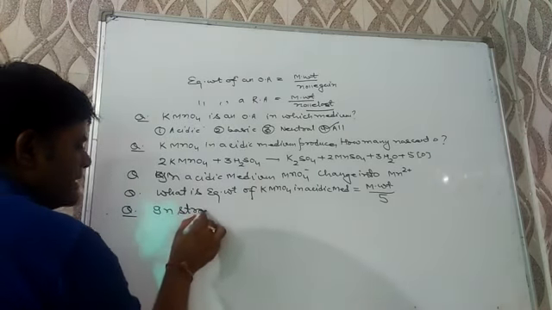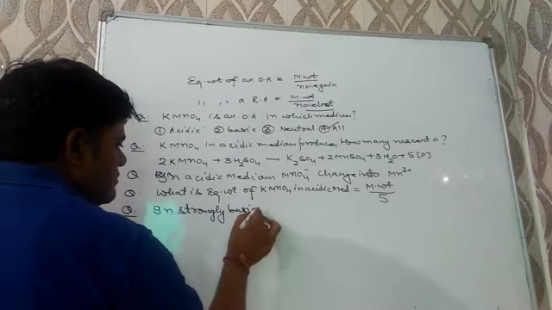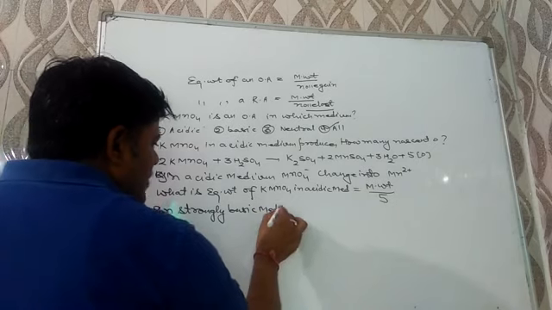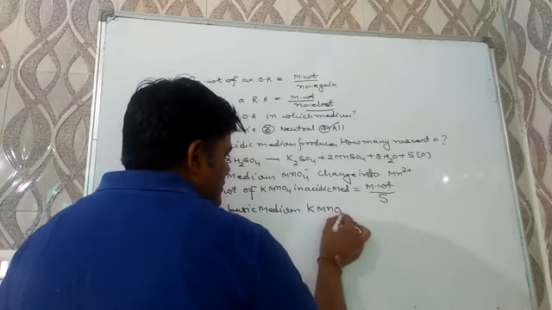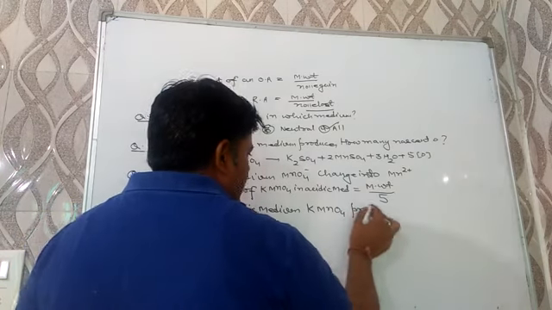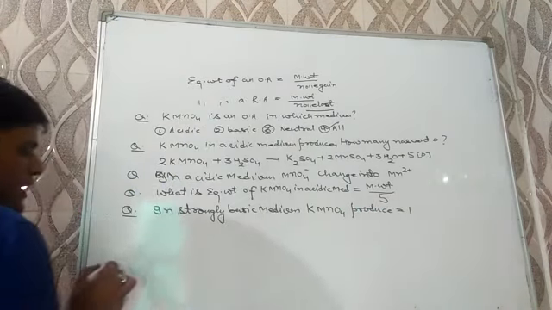In strongly basic medium, how many nascent oxygen does KMnO4 produce? Then the answer will be 1. One nascent oxygen.